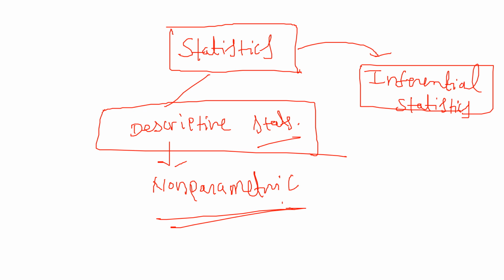On the other side, inferential statistics analyzes data to make predictions and conclusions about a larger population. Inferential statistics is based on the assumption that the data is a sample from a larger population. It uses statistical inference to infer properties of population, such as by testing hypotheses and deriving estimates.